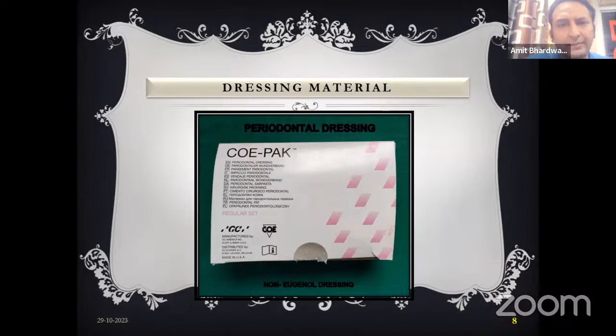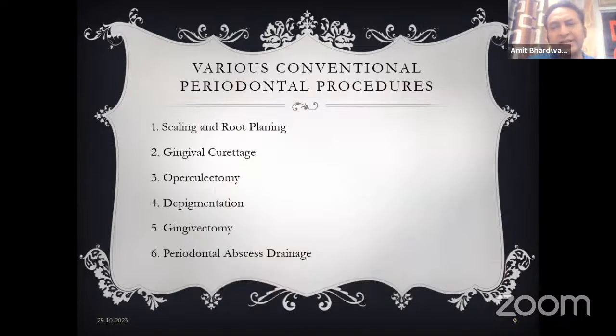post surgically. Then, as I said earlier, there are 14, 15 very basic periodontal procedures which you can convince your patient to have as per their need. But the idea of today's lecture is you must know the importance, the clinical features, and the treatment plan to perform any of them.